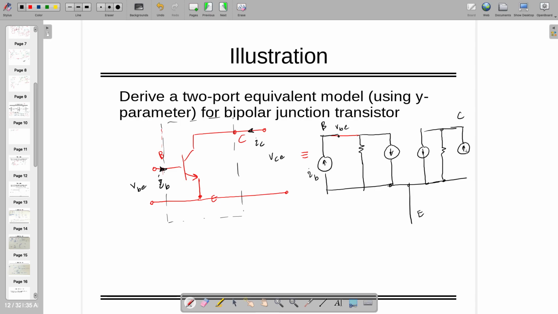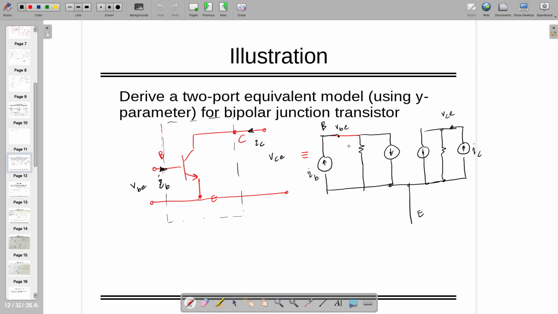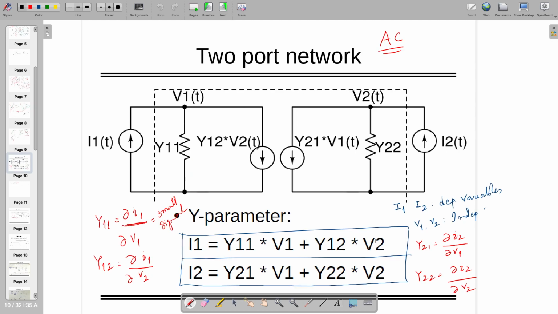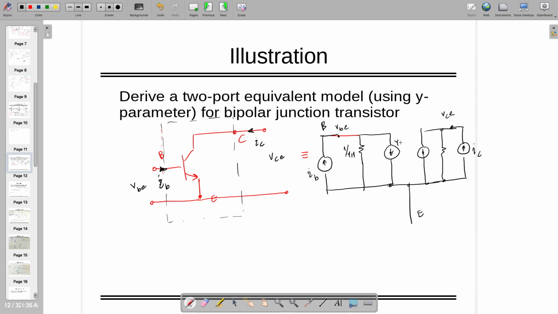At the output side there is current IC, and this potential is VCE. This value is y11 times V1, so it has to be 1 by y11, and this has to be y12 times V2, so this will be y12 times VCE. This side it will be 1 by y22, and this will be y21 times VBE.